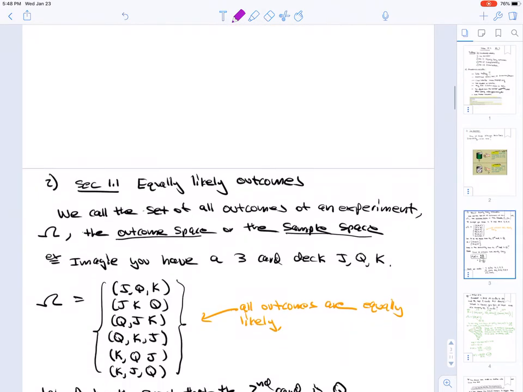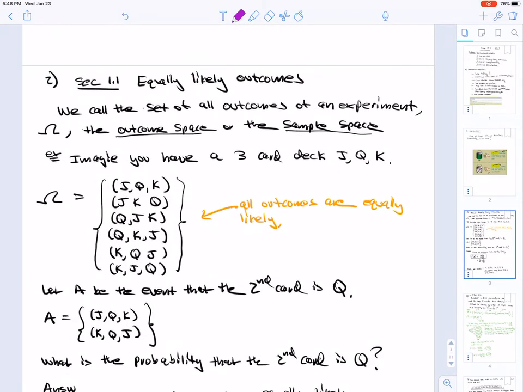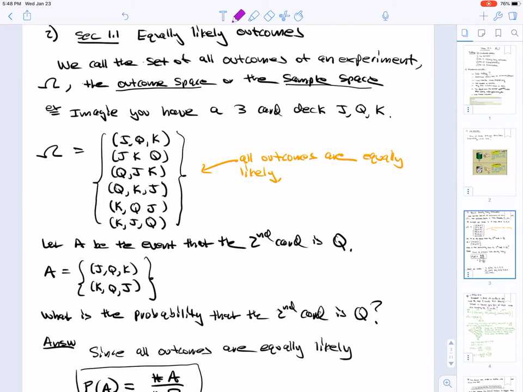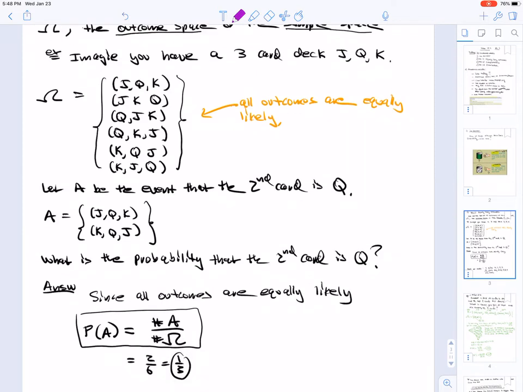So then we started section 1.1. So we have omega, an outcome space, also called a sample space. So for example, if you have 3 cards, Jack, Queen, King, you would have 6 different orderings of those 3 cards. That would be our outcome space. And let A be the event that the second card is a queen. So there's 2 ways that can occur.